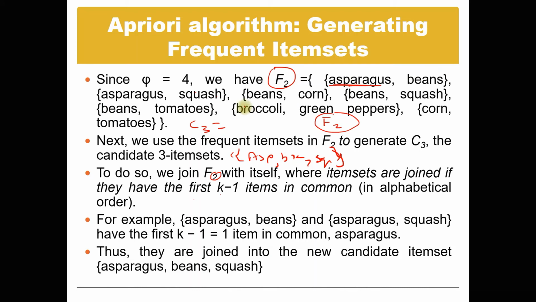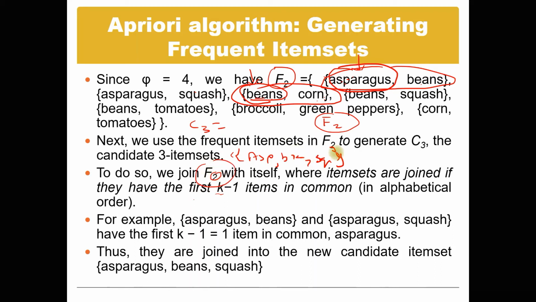Now let's have a look at asparagus, bean, and corn. You always have to look at the first item. You will see that asparagus is not common with bean here because they are not the same. If you had asparagus here and you had asparagus corn, you would have merged them.